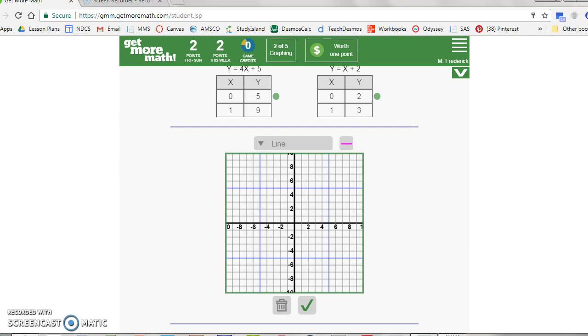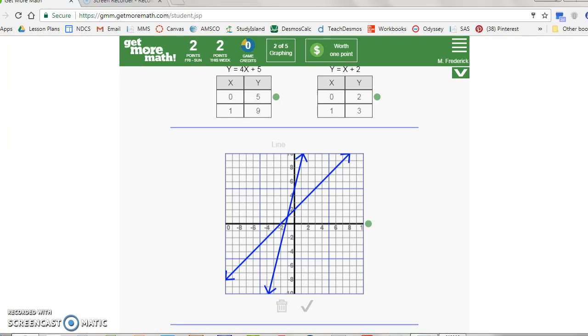We can now use the graphing tool in order to graph these points or these lines. So we'll start with the point 0, 5, and then 1, 9. And then we go from 0, 2, and 1, 3.